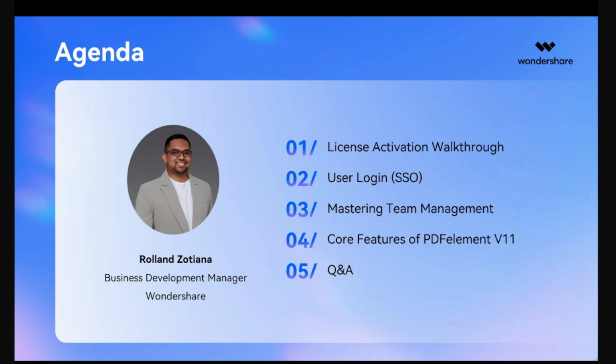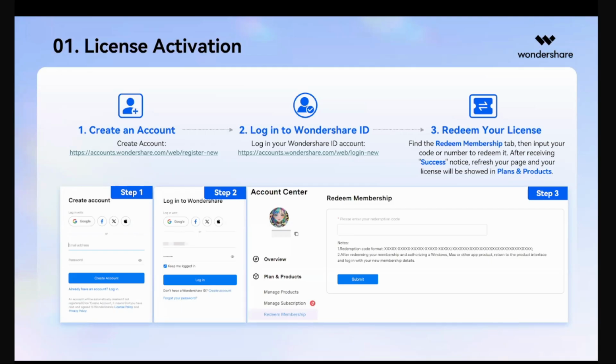The first thing we're going to do is this: usually after people buy from our side, they receive a license key. So how do you activate those licenses in PDFelement? First, you need to create a Wondershare account, or log in if you already have one.